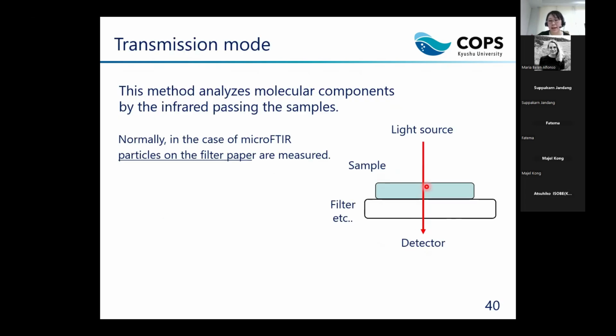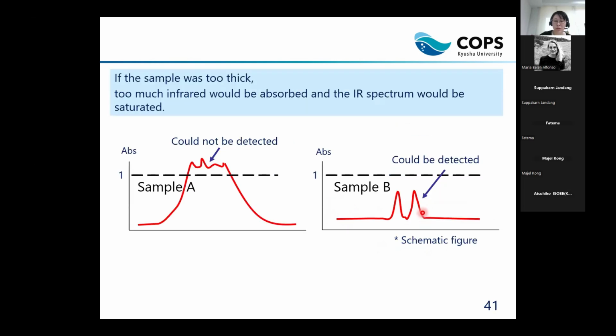I'm sorry, according to this method, the filter paper can affect the infrared spectra as well, because the filter paper can absorb the infrared as well. Also, the size of the particle can affect it.